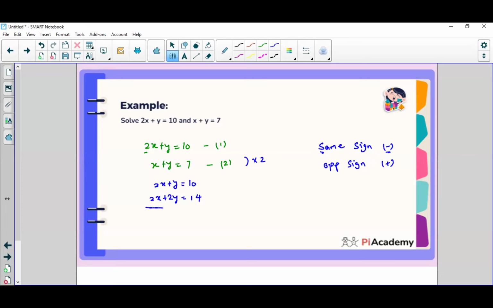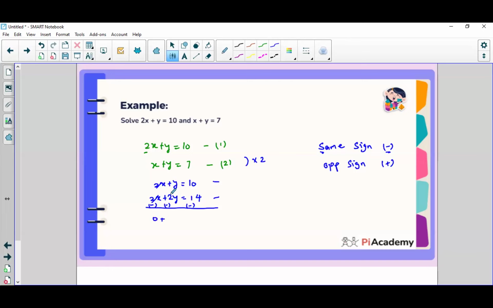Now how to subtract? When you subtract the second equation from the first one, it will change the sign of each term. So it will become negative 2x, negative 2y, and the 14 also becomes negative. Now this positive 2x and this negative 2x make 0. Now this is positive 1y and this is negative 2y.